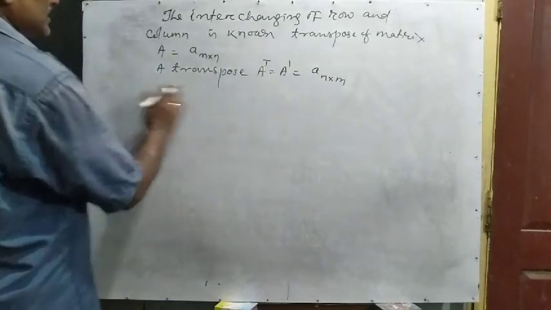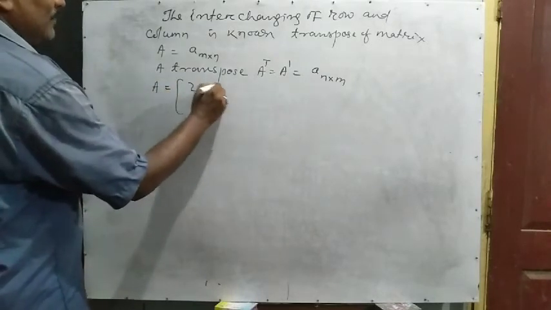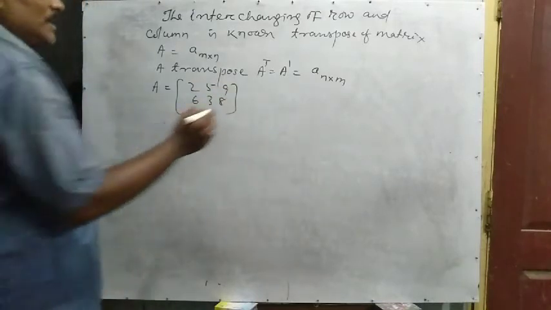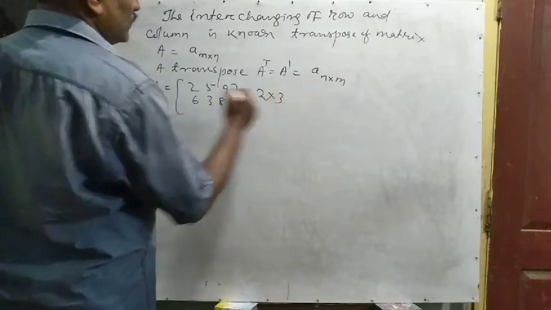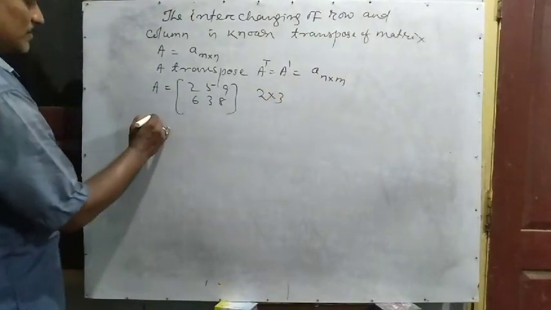Now suppose A equals [2, 5, 9; 6, 3, 8]. Here the order equals 2 by 3, 2 rows and 3 columns.